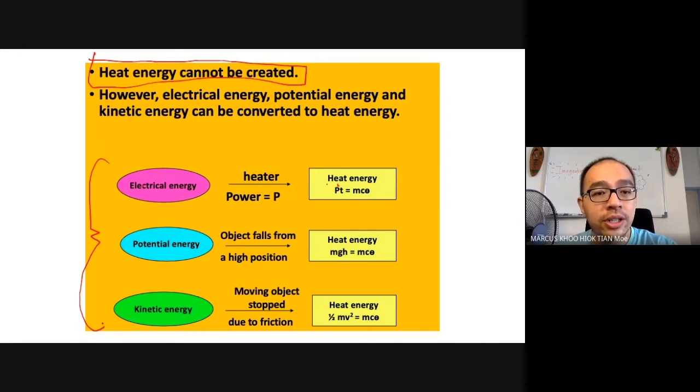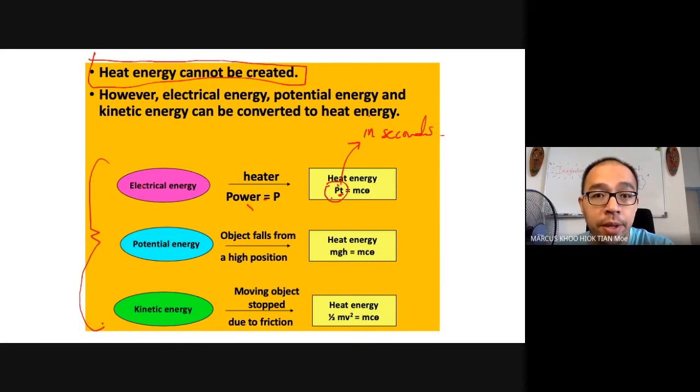So electrical energy is counted as power times time. Every single electrical appliance that you have has a certain power. And I want you to make a note there, the time must be in seconds. Make sure that your time is converted to seconds before you calculate the total energy.